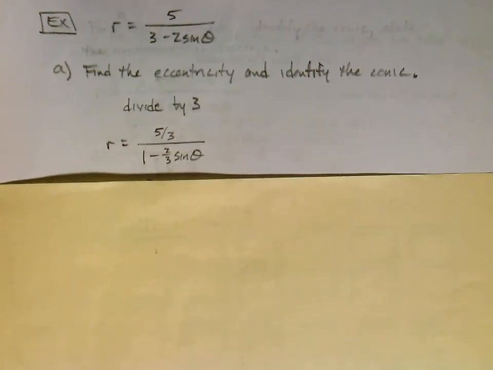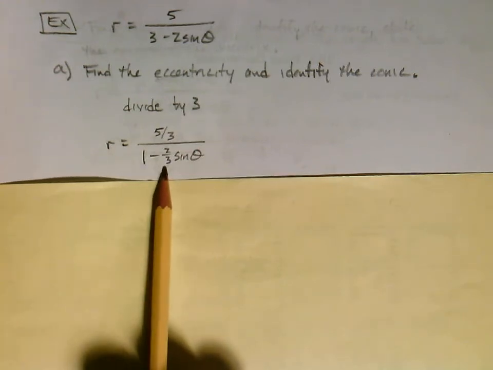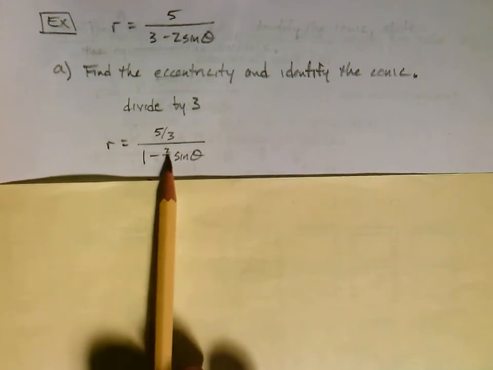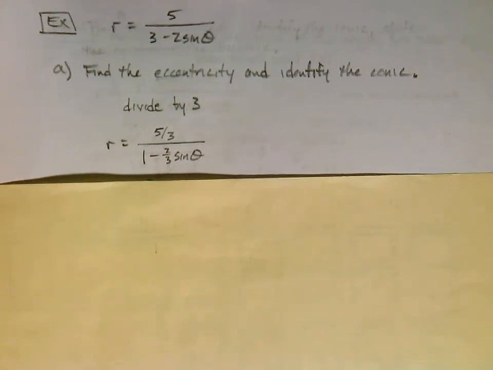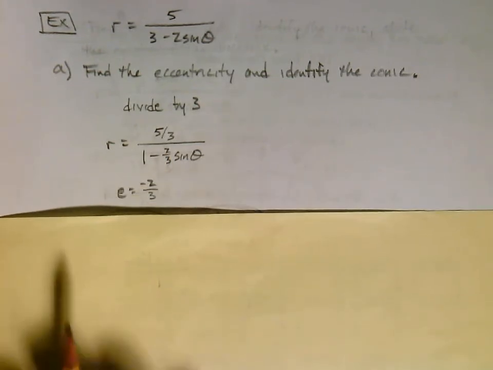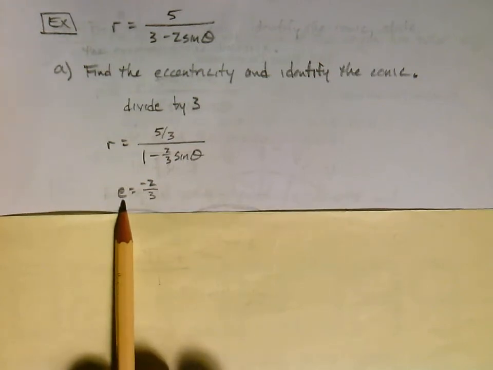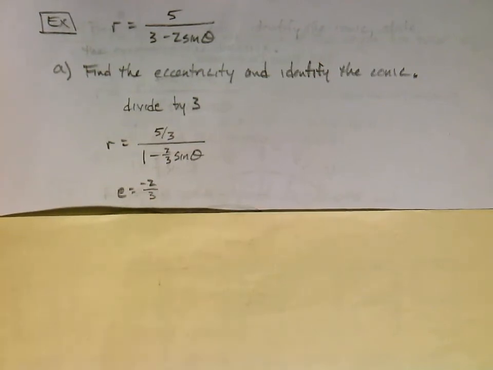And here we go. r equals 5 over 3 all over 1 minus 2/3 sine theta. Hey, all right. Well, I can find the eccentricity right here. Remember, it's always the absolute value of that number. So I'm going to think of e as equaling negative 2/3.